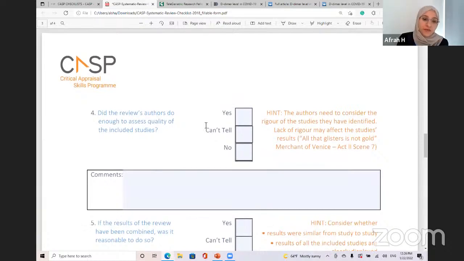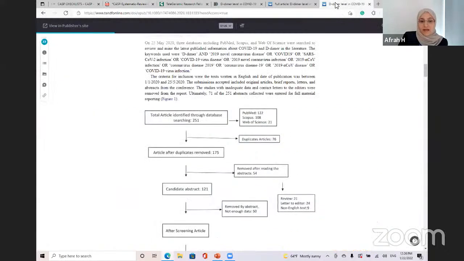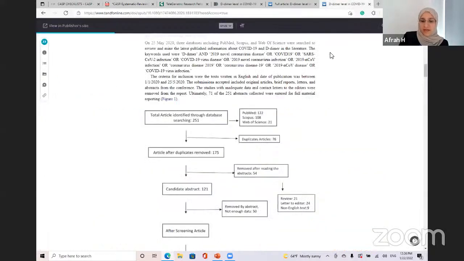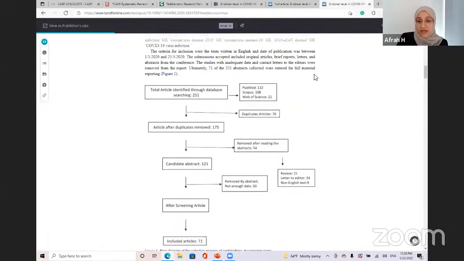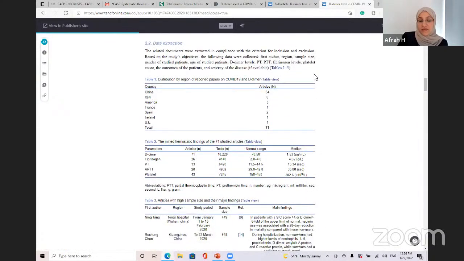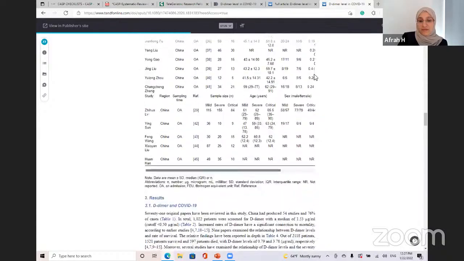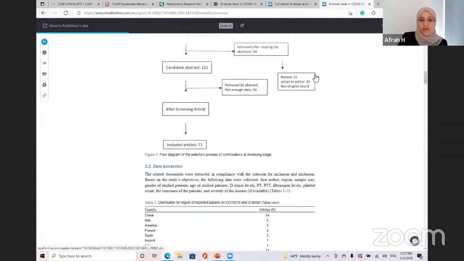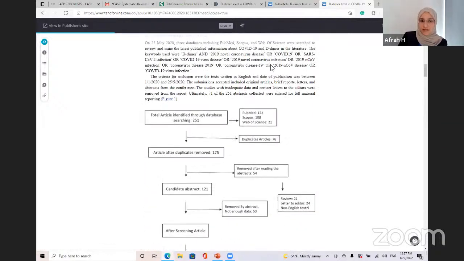Fourth question, did the review's authors do enough to assess quality of the included studies? I didn't find anything that points to the authors assessing the quality of the included studies. I read the whole article. I didn't find that. If anyone finds it, you can share with us. Other than inclusion and exclusion criteria, they didn't assess the quality of each study.